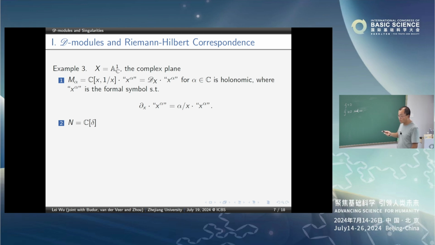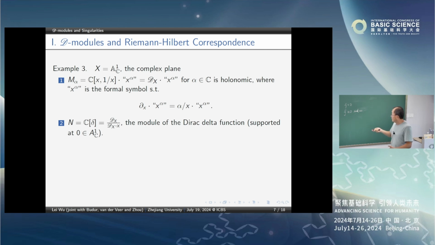So it is a D_X-module. The other example is the D-module of a Dirac delta function, generated by 1, quotient by the annihilator generated by x. This module is supported at the origin.